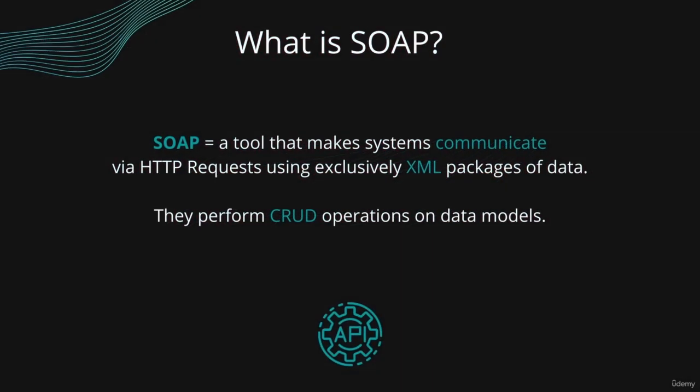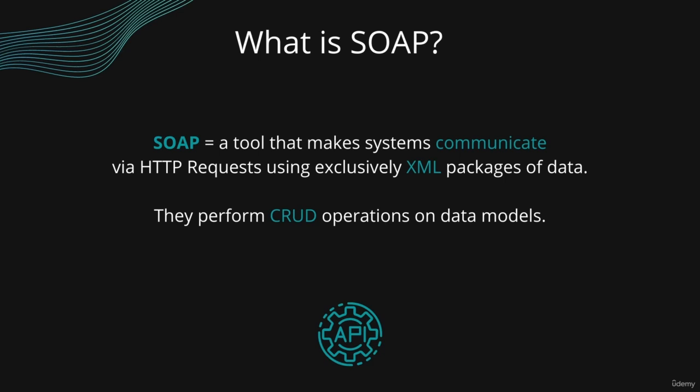So, first of all, SOAP represents a tool that makes systems using different operating systems communicate via HTTP requests using exclusively XML packages of data. SOAP-based APIs are made to create, recover, update, and delete records, basically perform CRUD operations on them, just like REST APIs are.